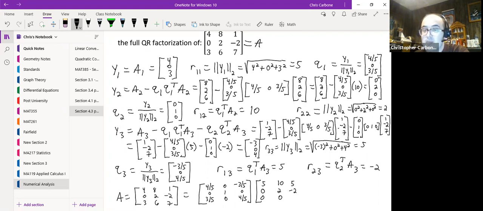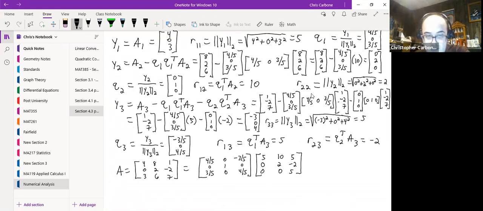I wrote it right here. R sub 3,3 was 5. Okay, so in conclusion, based upon the QR factorization, this matrix here is Q, and this one is R.